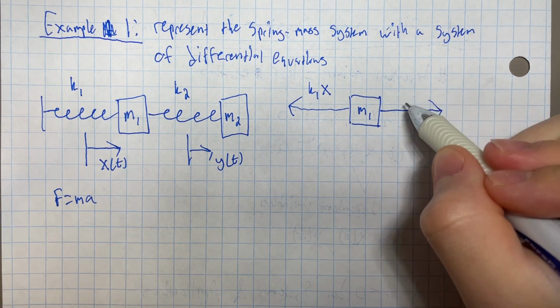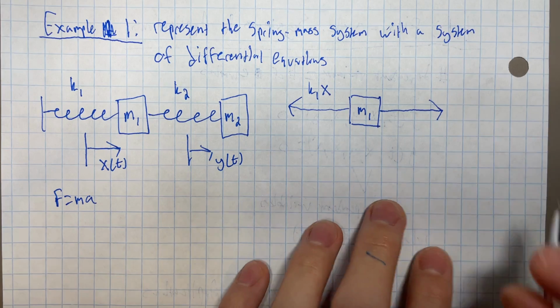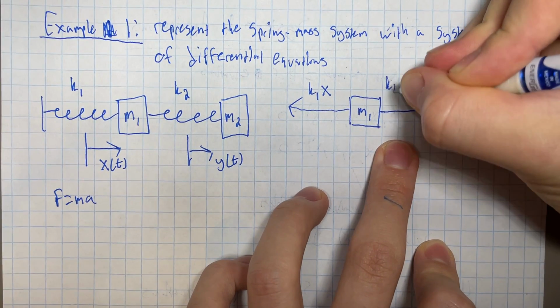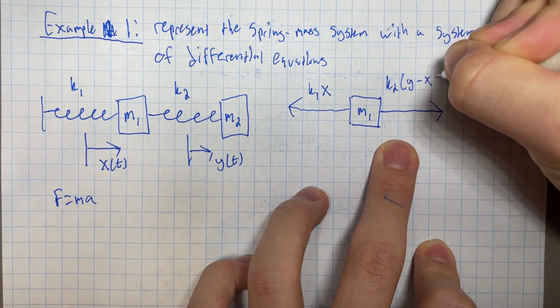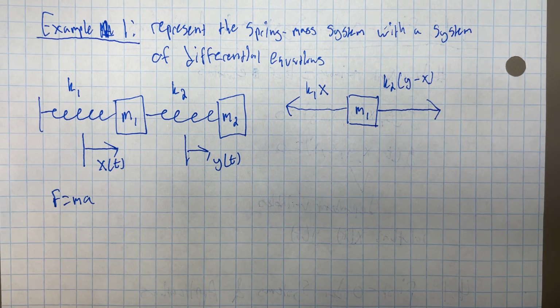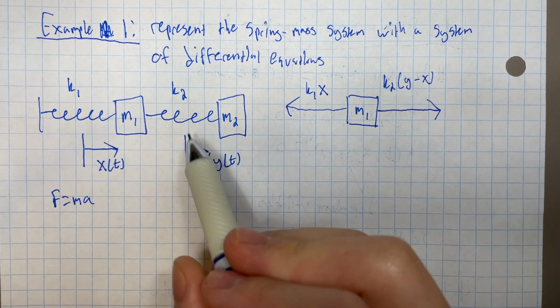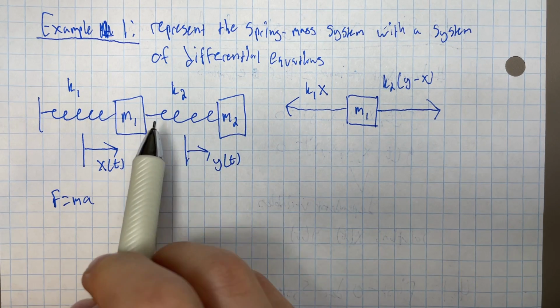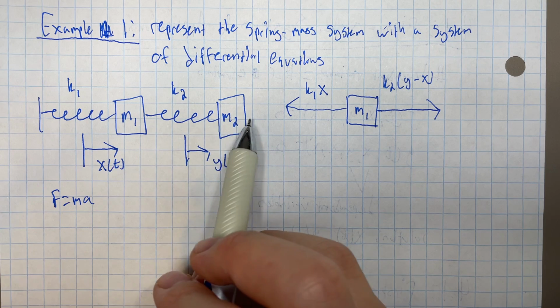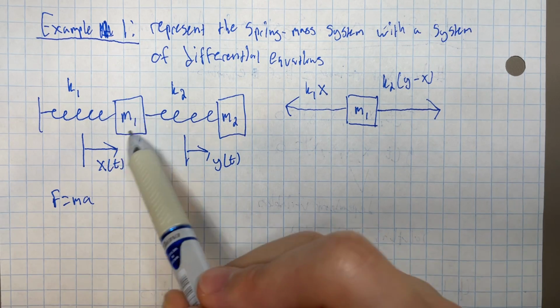And then finding the second force on the right, it's a little bit more complicated. It comes out to be K2 times y minus x. And the reason for this is because although you're trying to figure out the displacement of this box to find out how much this spring is stretching or pulling on mass 1, the force applied actually also depends on the position of mass 1.